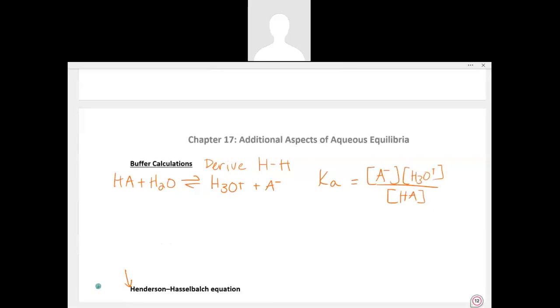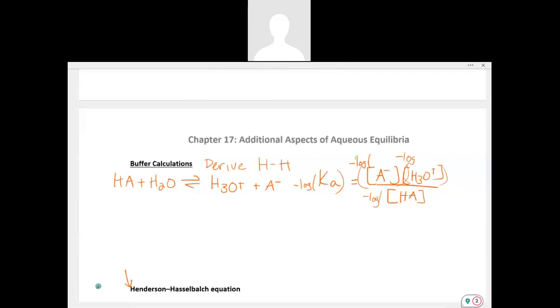Now, as we derive this, we're going to take the negative log of this side, and I'm also going to take the negative log over here. That applies to all of these components.